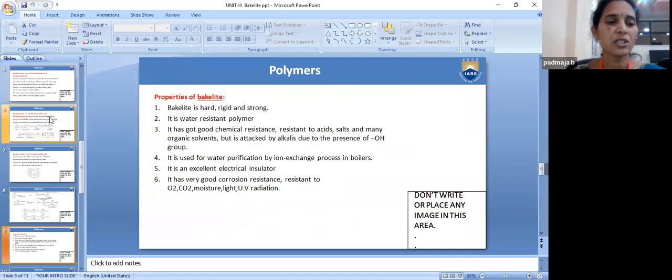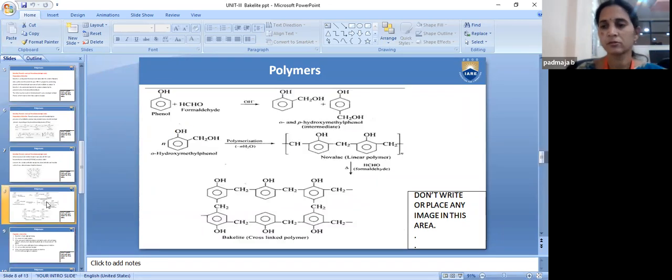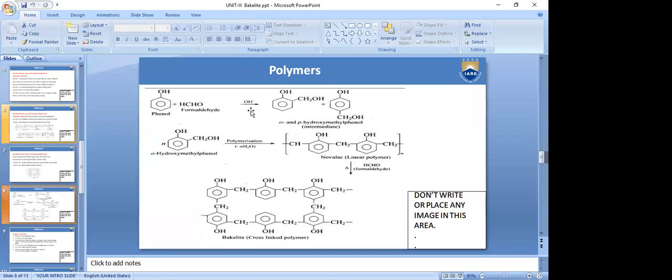Now students, tell me, what is the first step? You have to learn all of this. Tell me, what is the first step of the preparation? First, we mix phenol and formaldehyde.